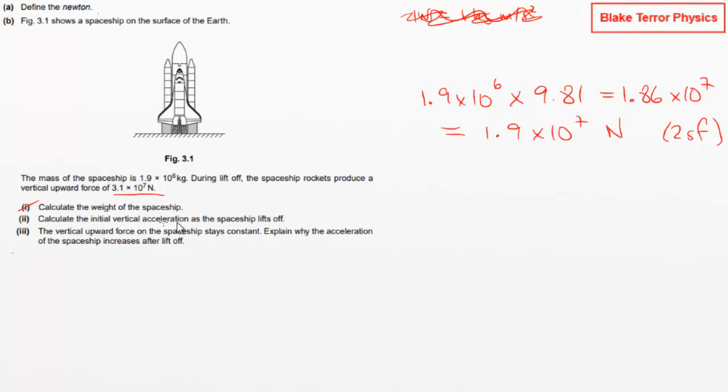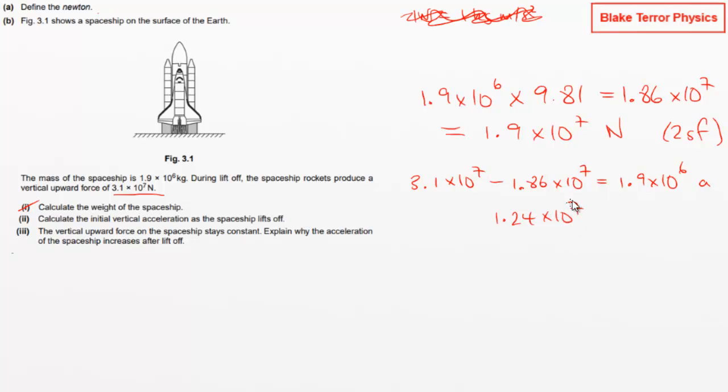Then calculate the initial vertical acceleration as the spaceship lifts off. So on the upside, we got a 3.1 times 10 to the 7. That's what's been pushed upwards. We have to take off the 1.86 times 10 to the 7, and that is 1.9 times 10 to the 6 multiplied by a. So all in all, that's going to be 1.24 times 10 to the 7.